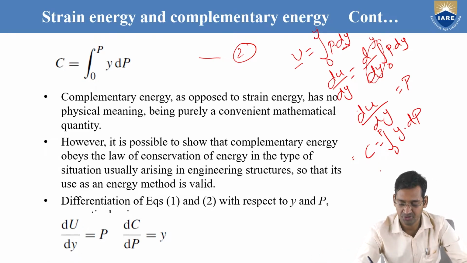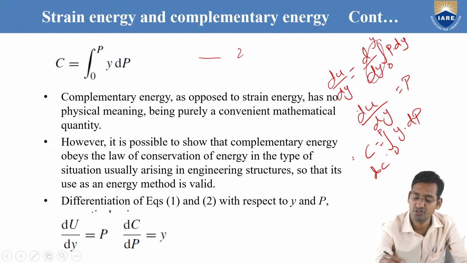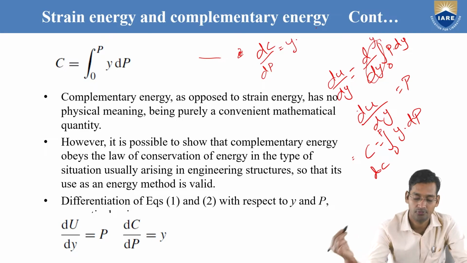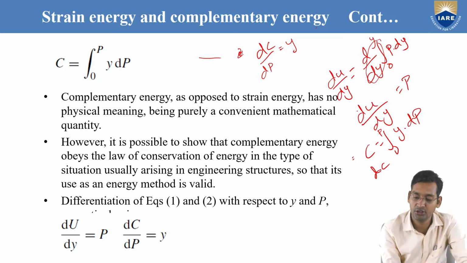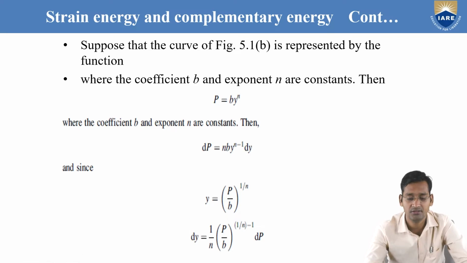After differentiating with respect to p, dc by dp will give us y. So see here, du by dy is p, and dc by dp is y, right?